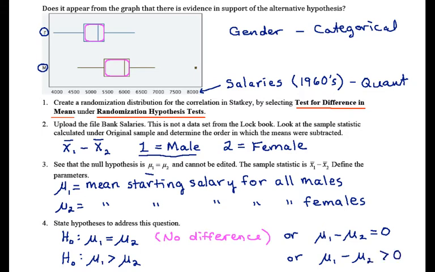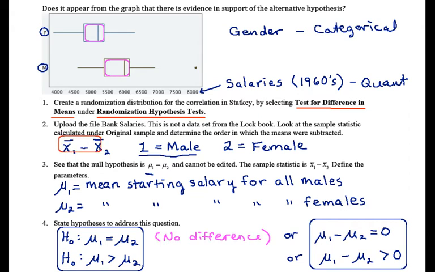The reason we have two ways of writing these, for one thing, this first form is a little bit more intuitive. It's also what Wiley Plus is going to be looking for when it asks you to write hypotheses symbolically through their template. This form over here is more useful for making sense of the randomization distribution. Because remember, our randomization distribution is for a difference of means.